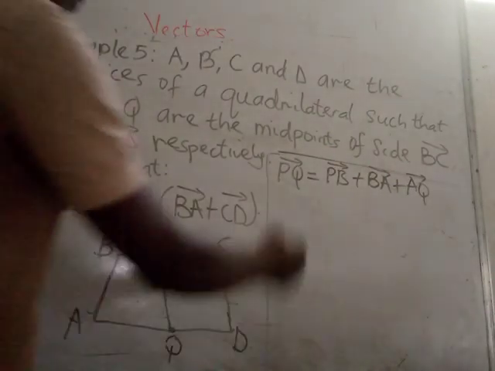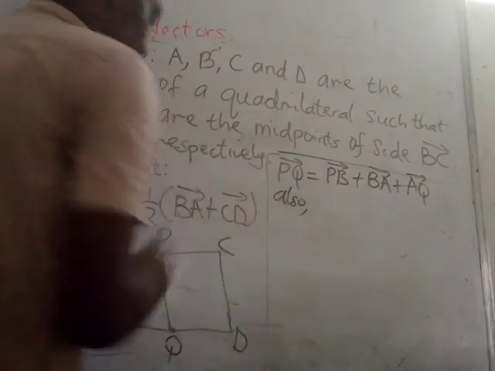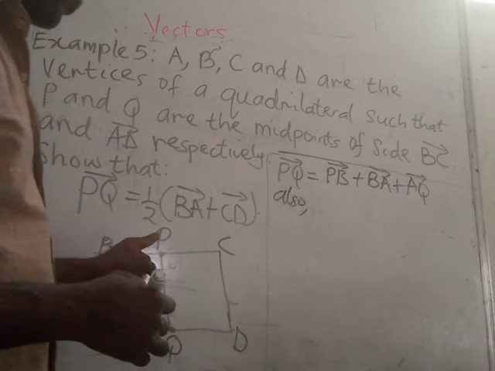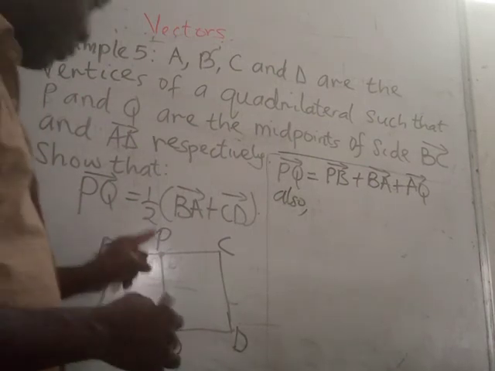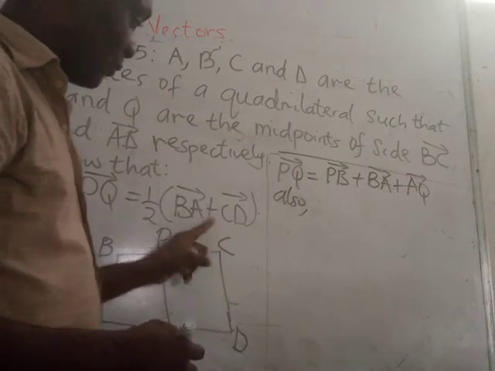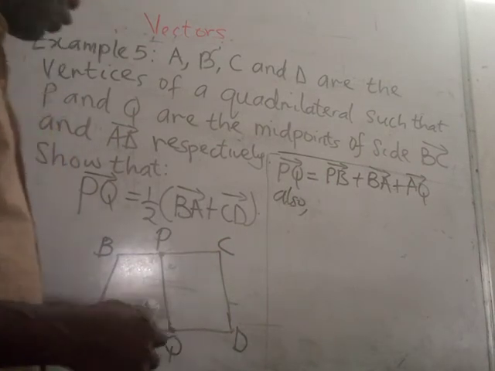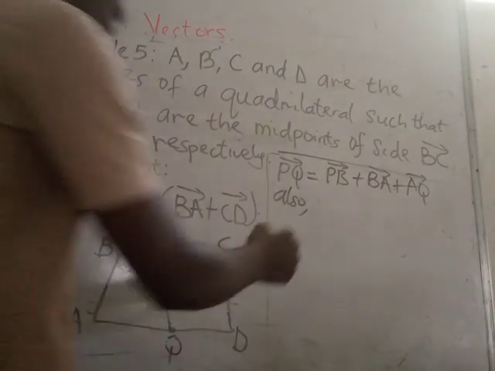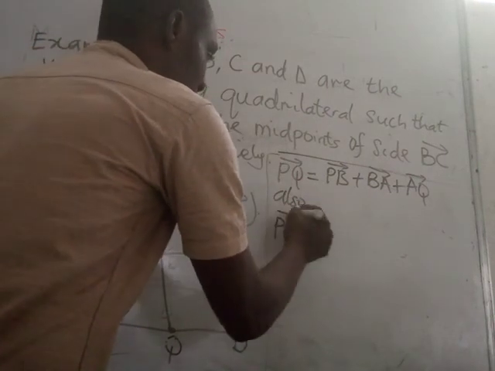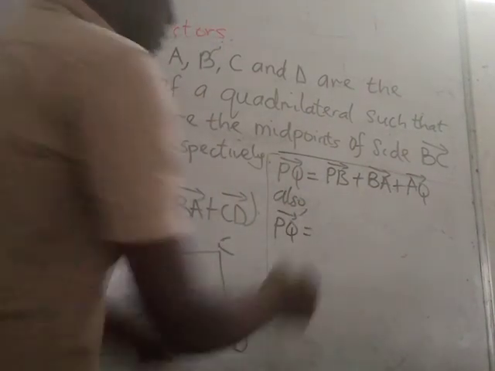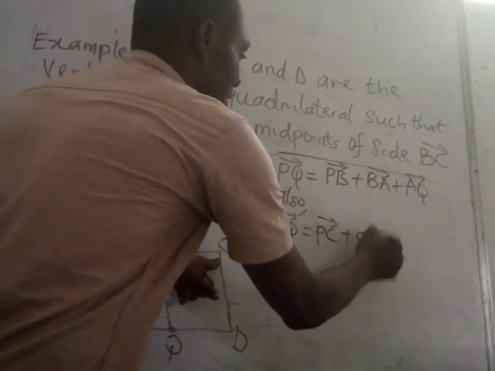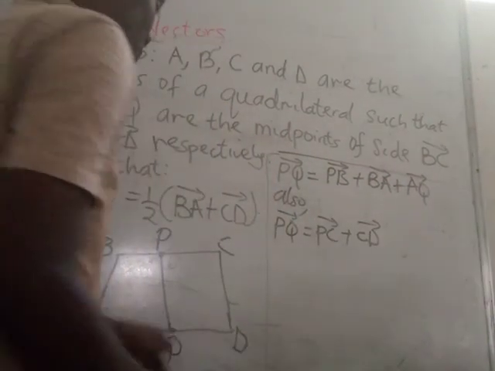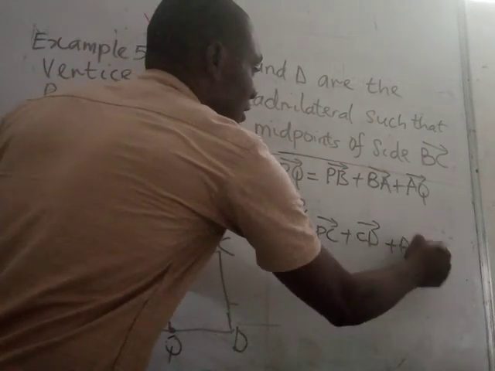Again, I want to move from P to Q. I can move directly, or I move to C, from C to D, D to Q. So PQ again is equal to PC plus CD plus DQ.